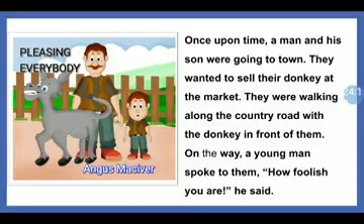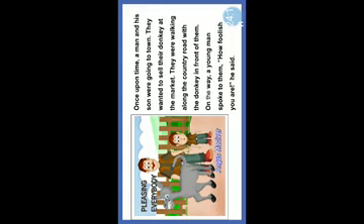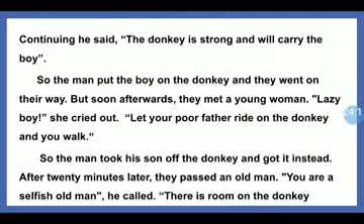"How foolish you are," he said. Continuing, he said, "The donkey is strong and will carry the boy." So, the man put the boy on the donkey, and they went on their way.